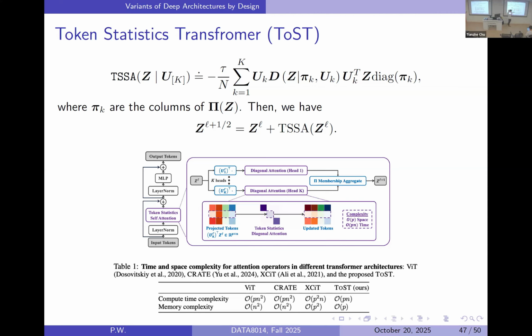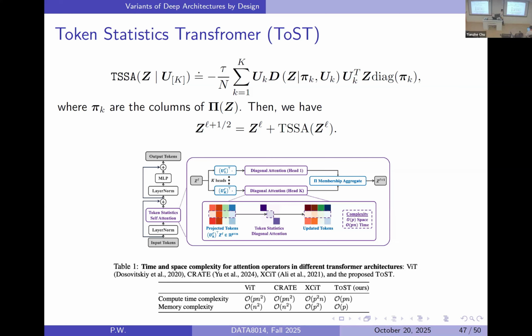The space complexity here is P, and the time complexity is NP, where N is the number of tokens. Here we compare the time and space complexity of the attention operators in different transformer architectures. For the standard transformer, the computational complexity is P N squared, where N is the total number of tokens and P is the dimension of tokens, and the memory complexity is N squared.